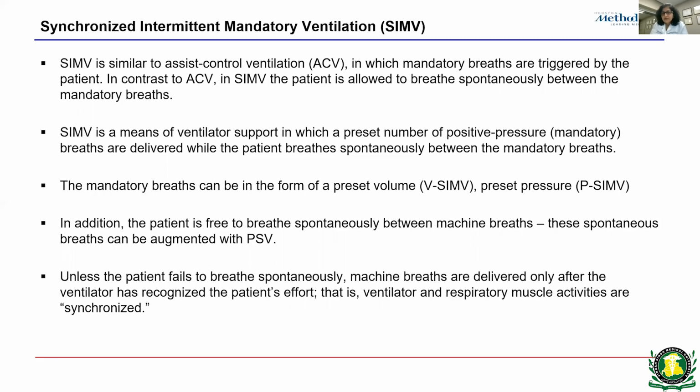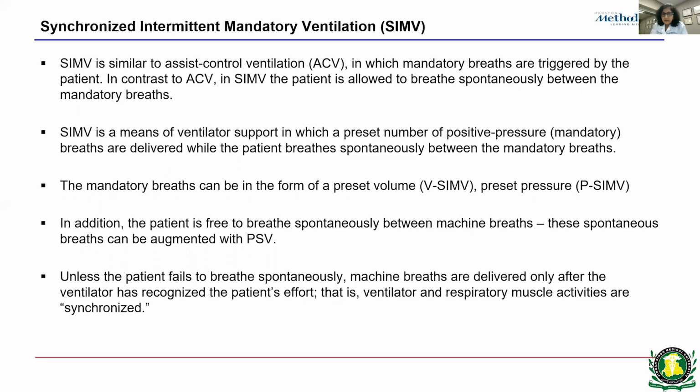SIMV is a means of ventilator support in which a preset number of positive pressure mandatory breaths are delivered while the patient breathes spontaneously between these breaths. The mandatory breaths can be in the form of a preset volume, called volume SIMV, or a preset pressure SIMV.